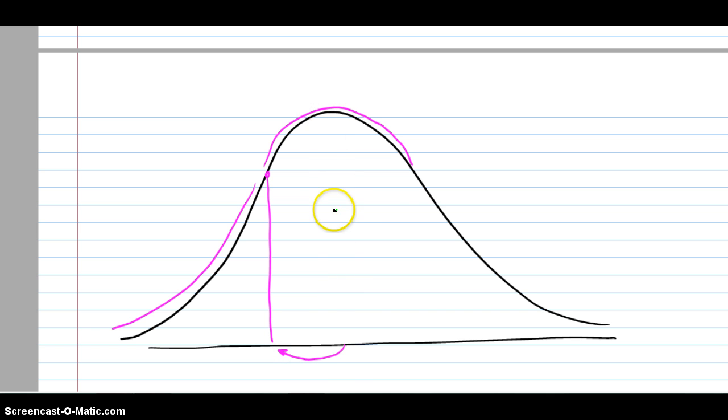The mean would be in the center. And if I go one standard deviation down and one standard deviation up, pretend that's symmetrical, we have 68% of the data.